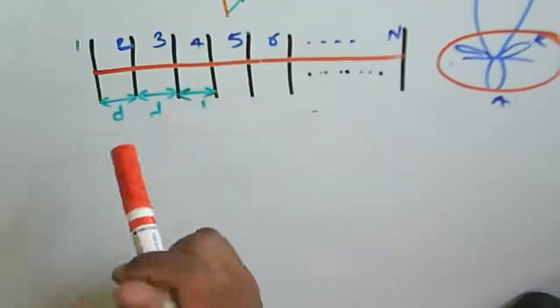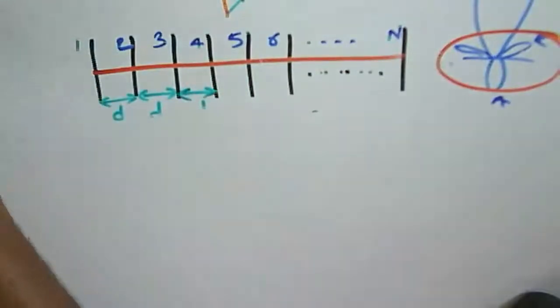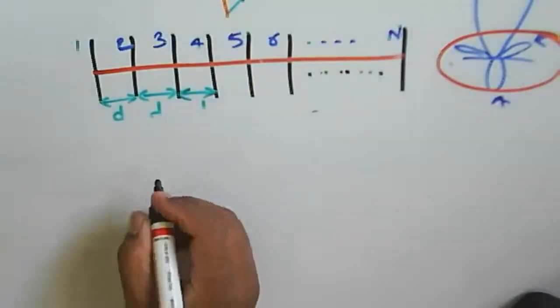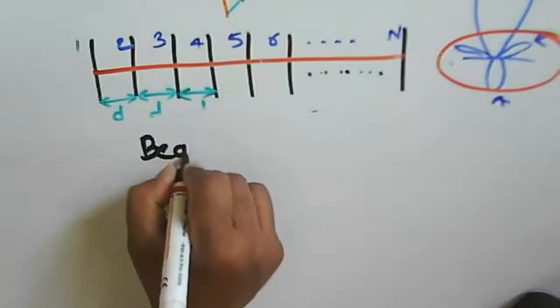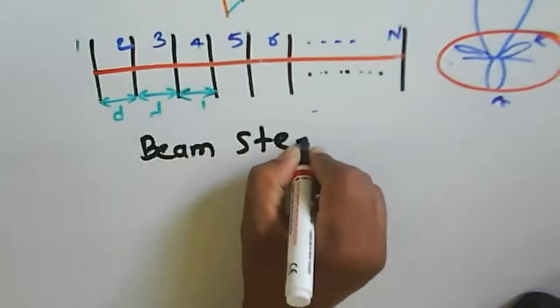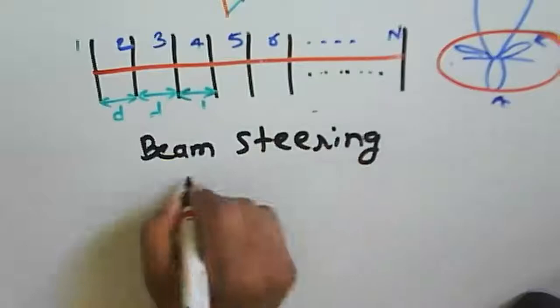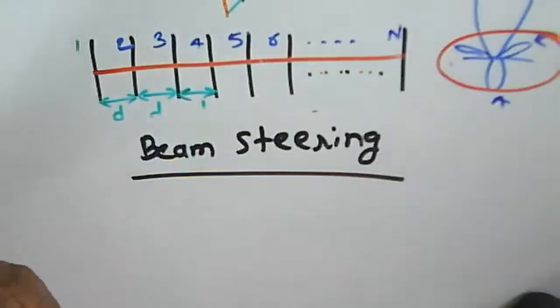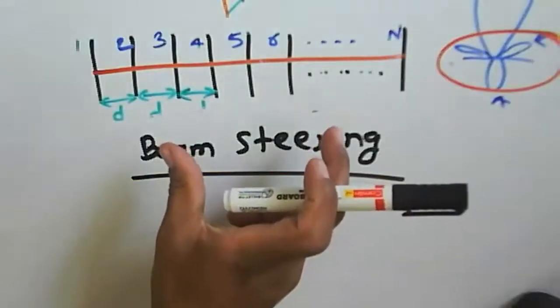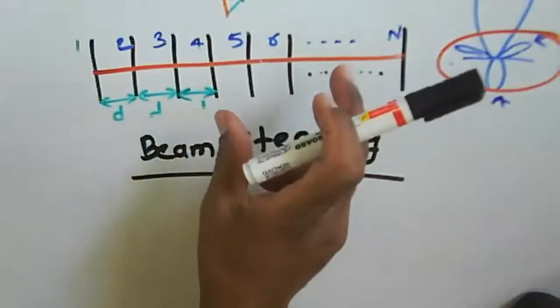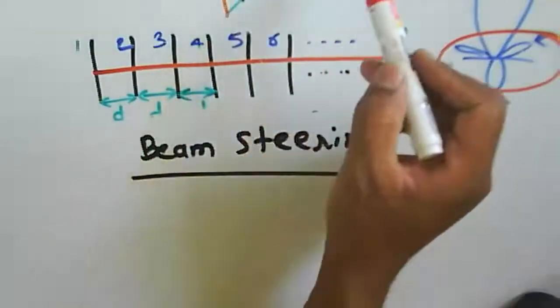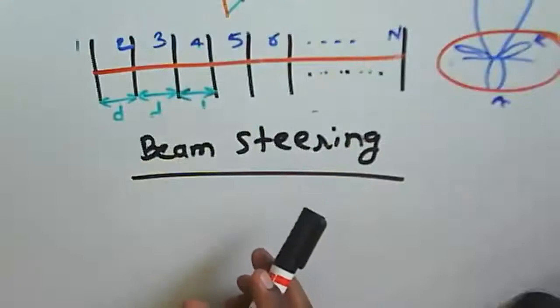And then the steering, beam steering. Beam steering means what? The antenna radiation pattern will be focused in a given particular direction.